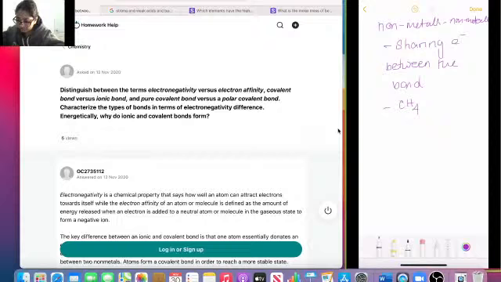Okay, and so your atoms form a covalent bond in order to reach a more stable state, right? So basically, atoms form a covalent bond to reach a more stable state.